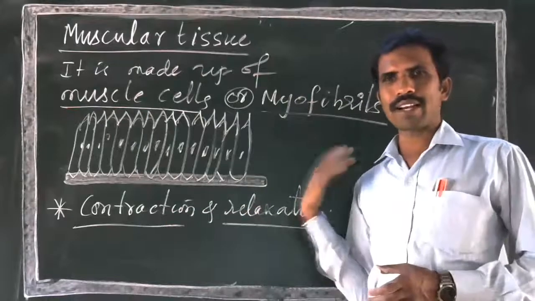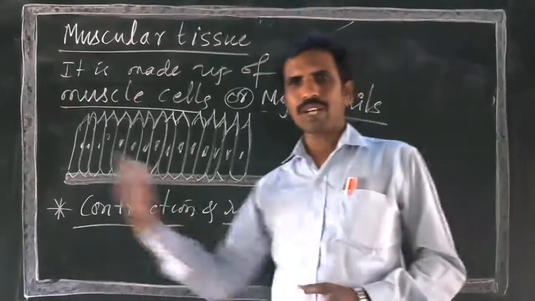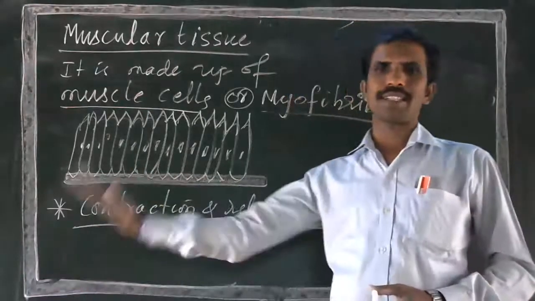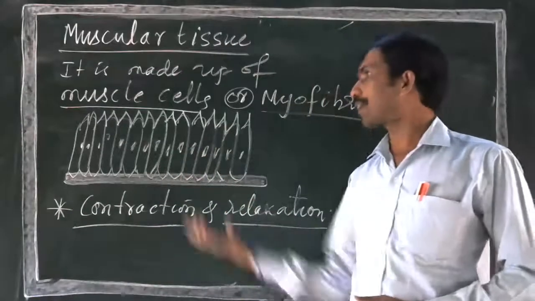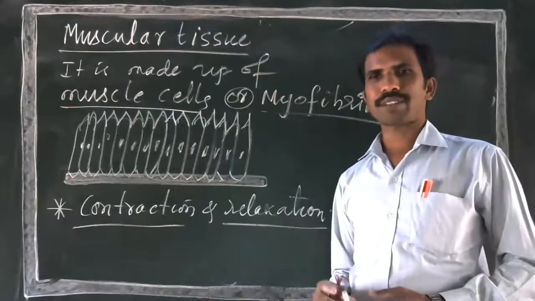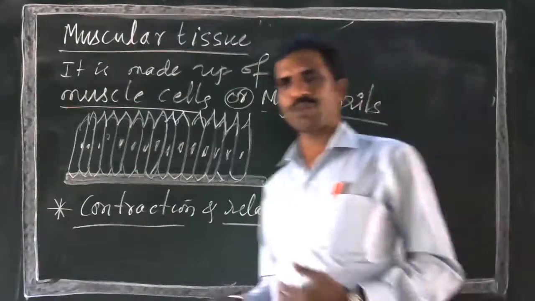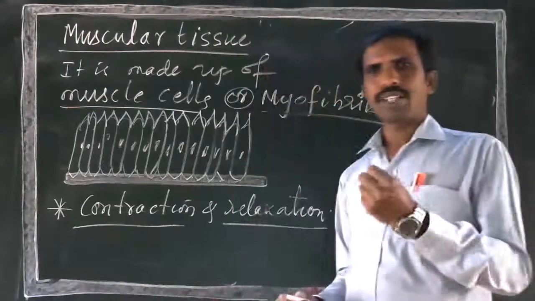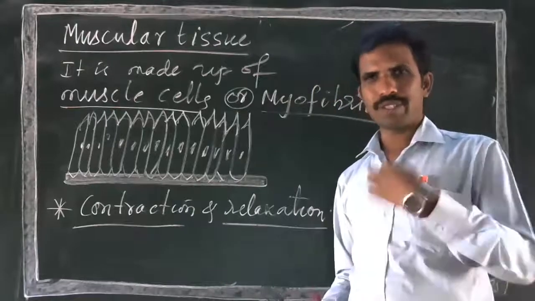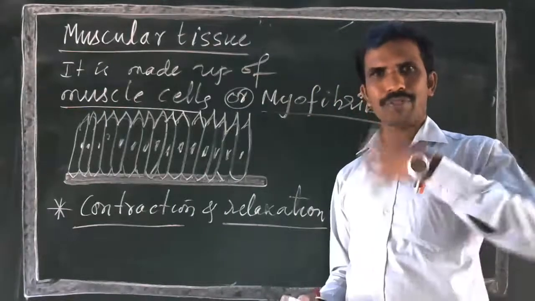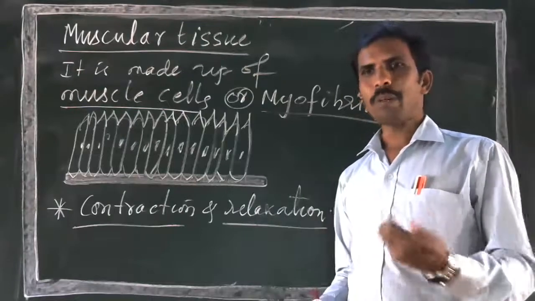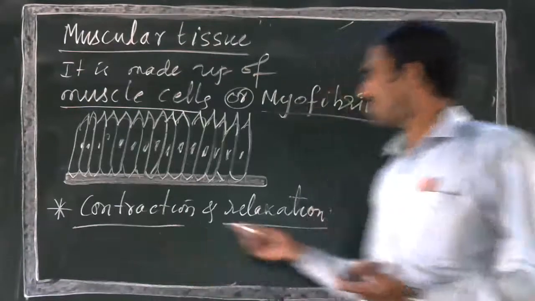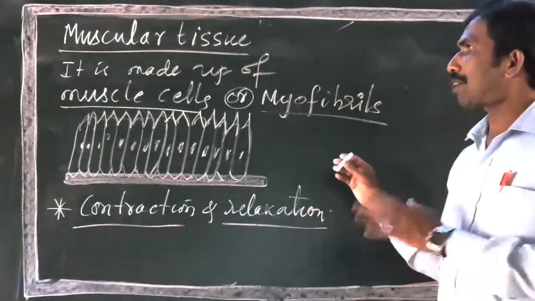When you contract and relax, you can move. So I'm moving my hand like this. Because of that only we can move, our heart pumps the blood, we breathe. All those physiological activities happen in our body. I hope it is clear. So this is about the muscular tissue.